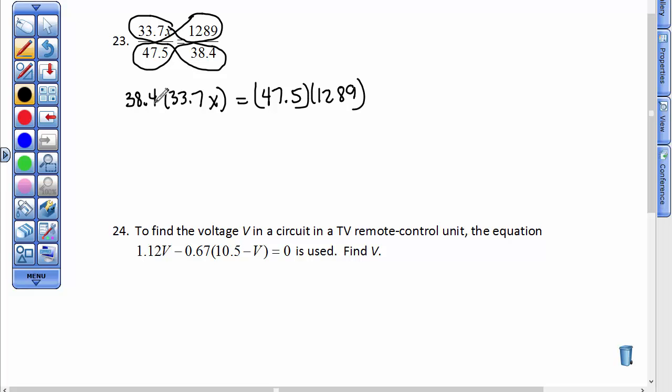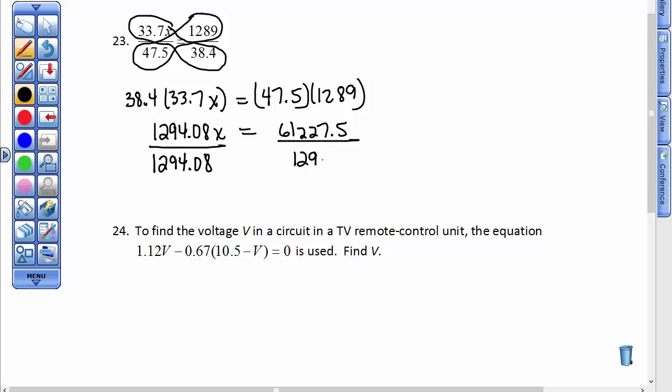And it looks like these two numbers multiply together to be 1,294.08x. And then this other side is 61,227.5. And then just go ahead and divide by the 1294.08. And when you do that division with your calculator, you'll get x is equal to 47.3.